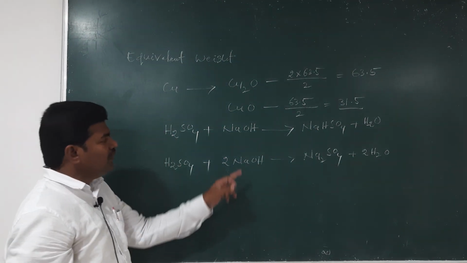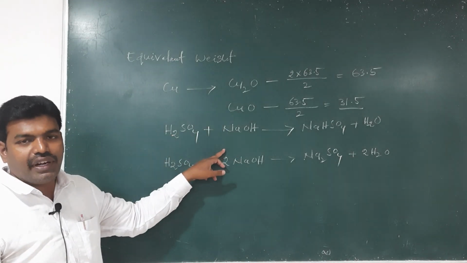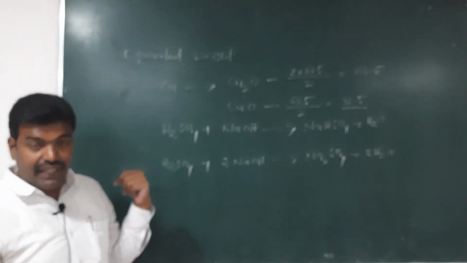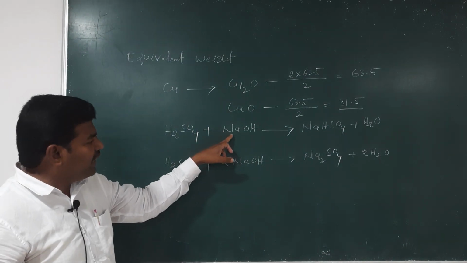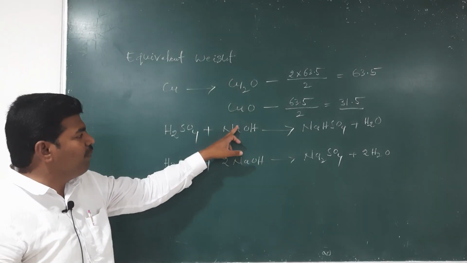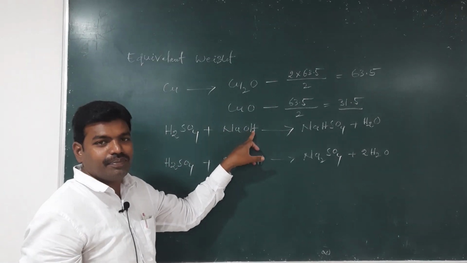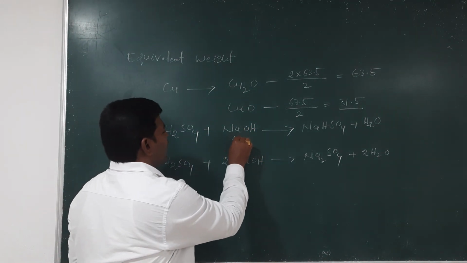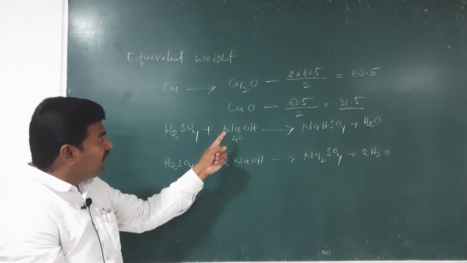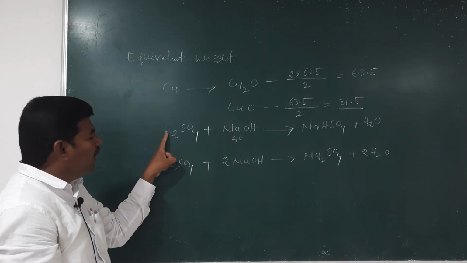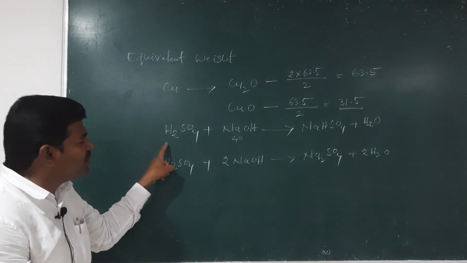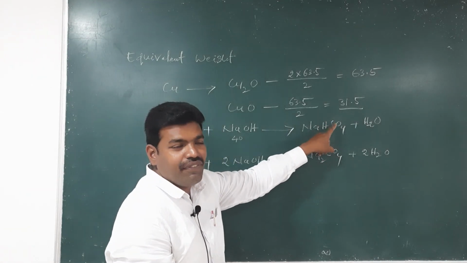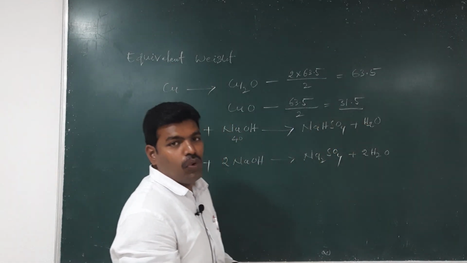Okay. So, if you observe this reaction keenly, 1 mole of sodium hydroxide, or 40 grams of sodium hydroxide, replaces 1 hydrogen from H2SO4 to form NaHSO4, sodium bisulfate, plus 1 mole of H2O.